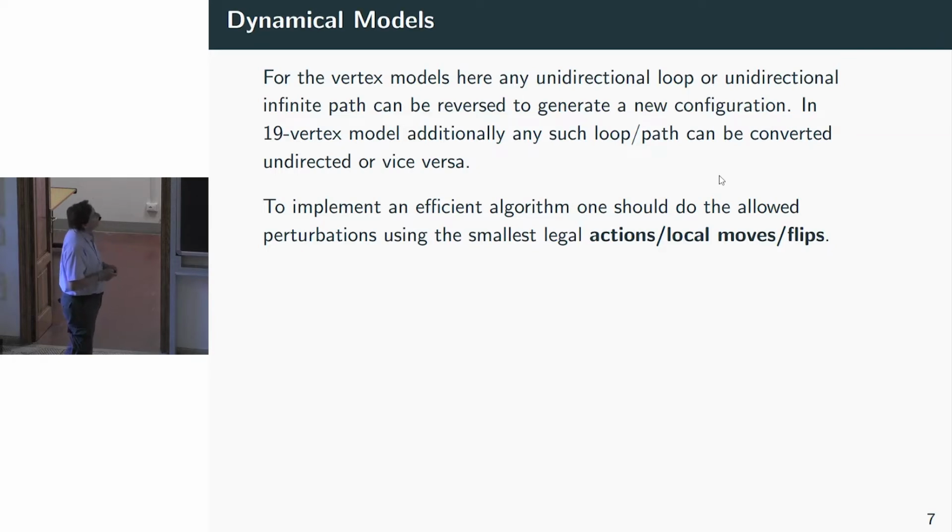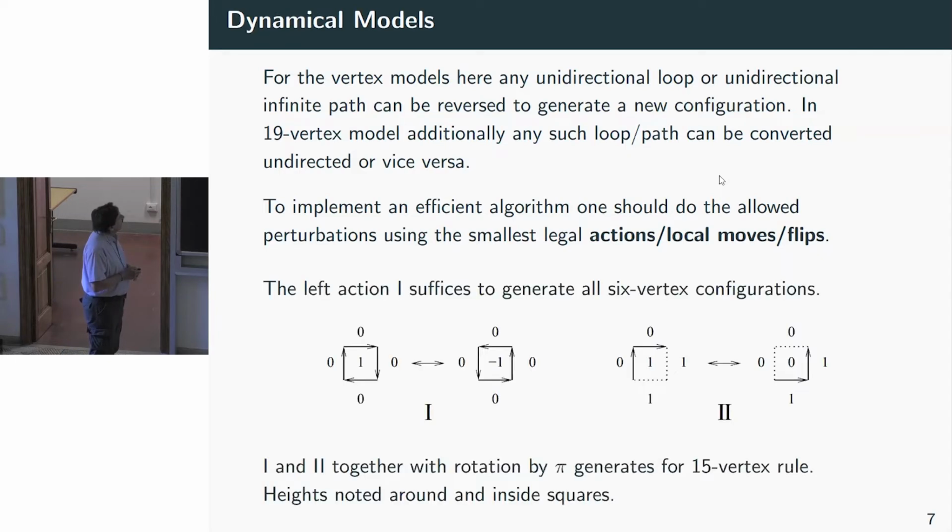That's a local move in the domino context. So the local move for the ICE or 6-vertex model is this alone. This is enough to generate all of the 6-vertex configurations.